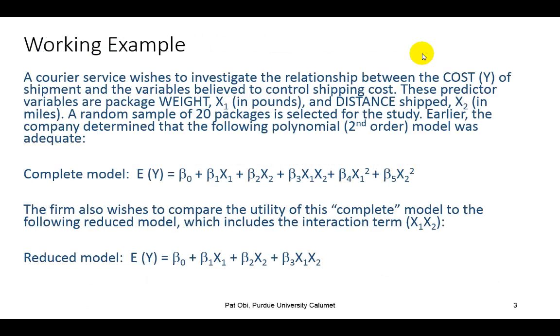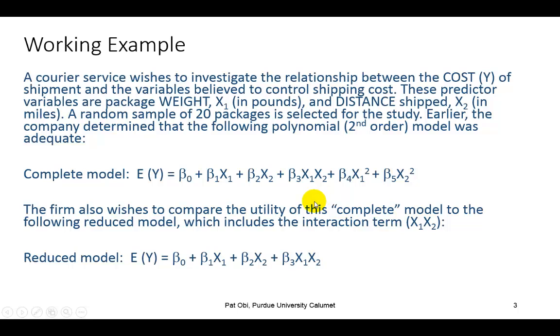To help explain the concept behind this, I provide a quick example where we're investigating the relationship between the cost of shipment and the variables we believe impact the cost of shipping for this firm. The variables are x1, the weight of the shipment, and x2, the distance that the shipment has traveled.